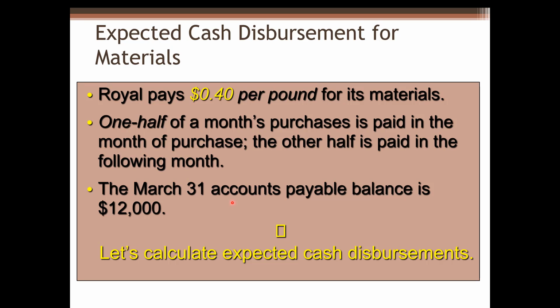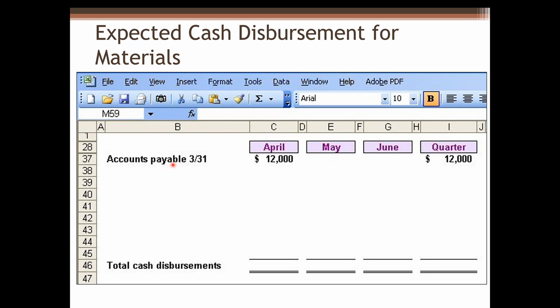On March 31st, the accounts payable balance is $12,000. Let's calculate expected cash payments. For accounts payable, the ending balance in March will be carried into the beginning of April, and it will be paid. So we put 12,000 here.